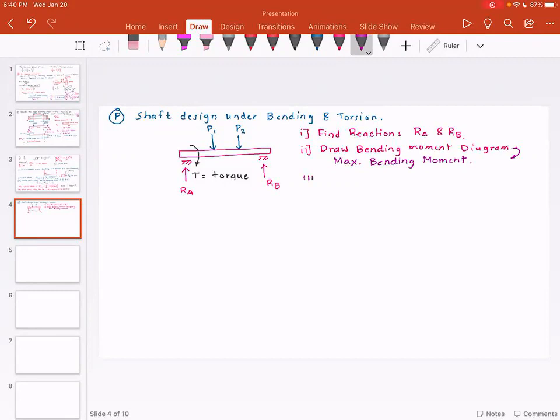Next step, so we have the bending moment, and I'm going to call this M. So M is the maximum bending moment.